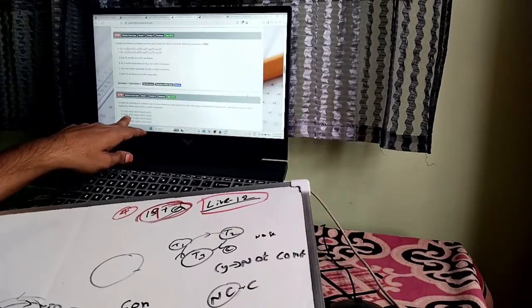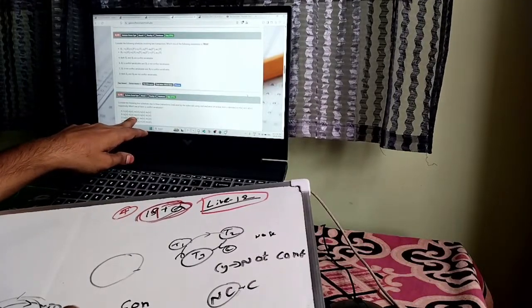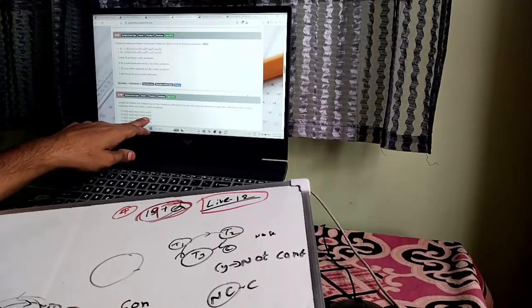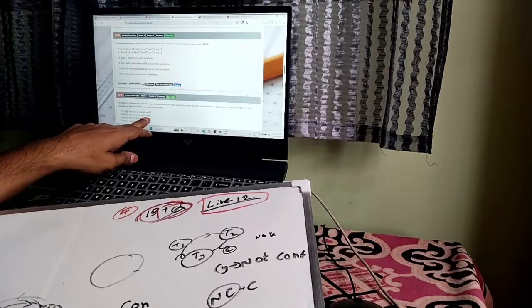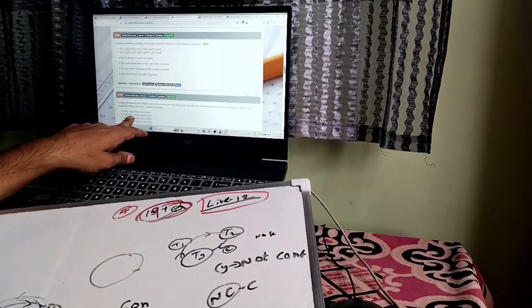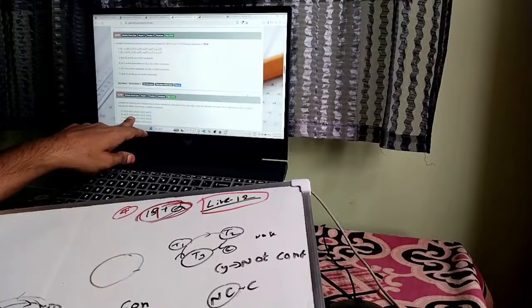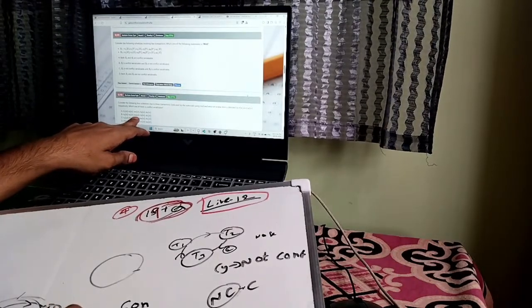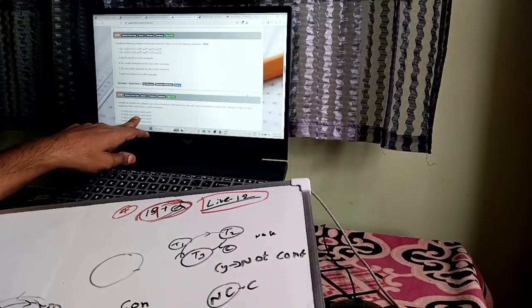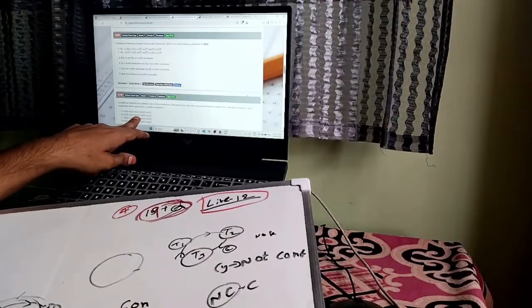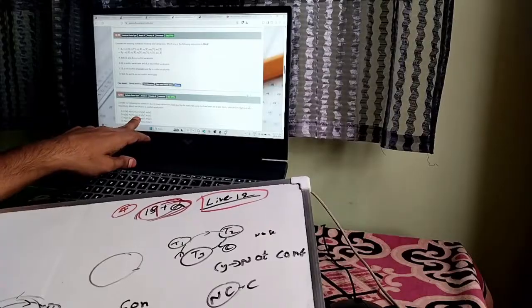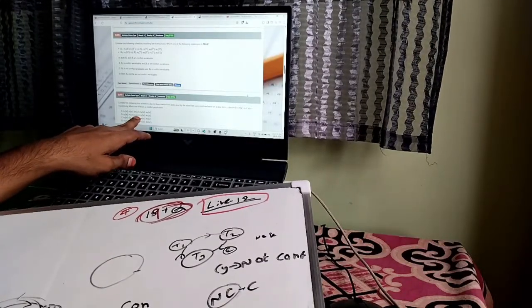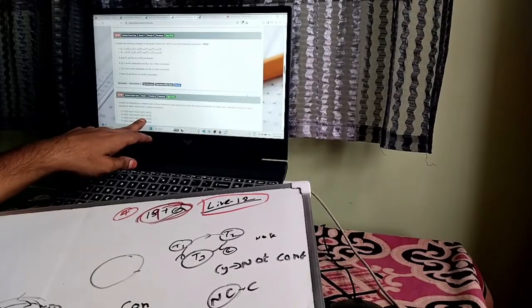2, 2, then R X, right? 2, 2, 1. And after that 1, 2, 2. Next after 2, 2, we have 2, 2, 3 and 2, 2, 1 as well, and 3, 2, 1.